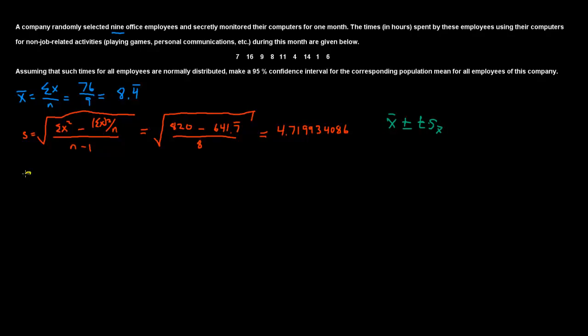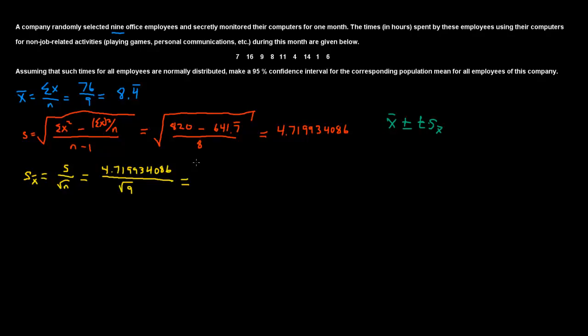That is given by s sub x bar equals s divided by the square root of n. Okay, so we found s to be, I'm going to go ahead and write it out, 4.7199340886. We're going to divide that by the square root of n. So the square root of 9, so divided by 3, and let's see what the standard deviation of the sampling distribution is.